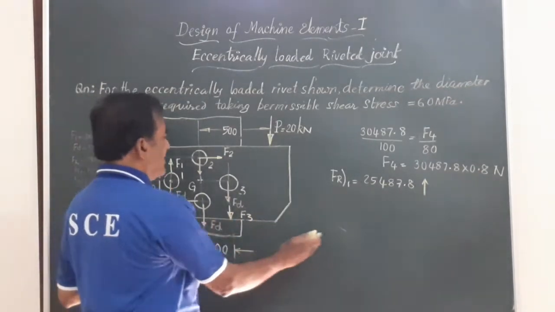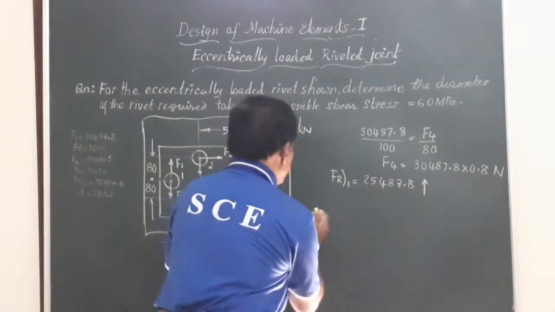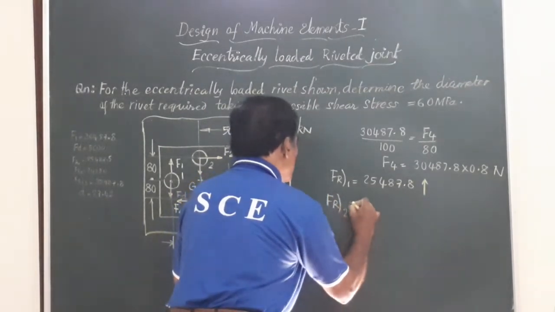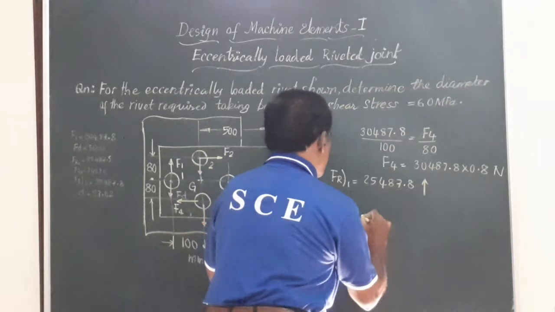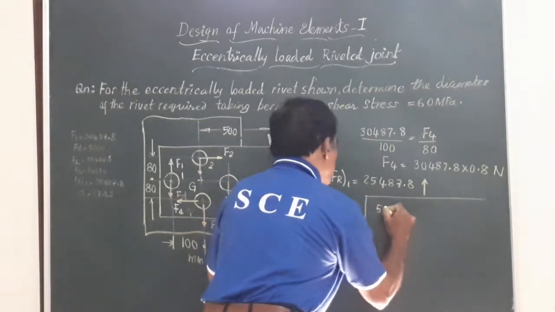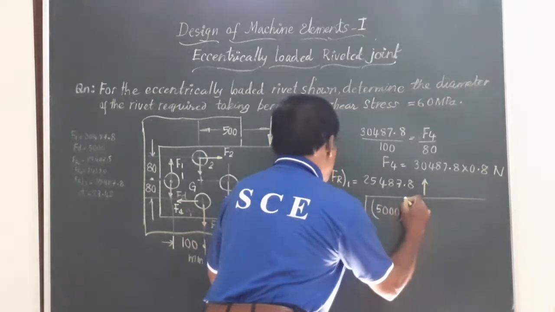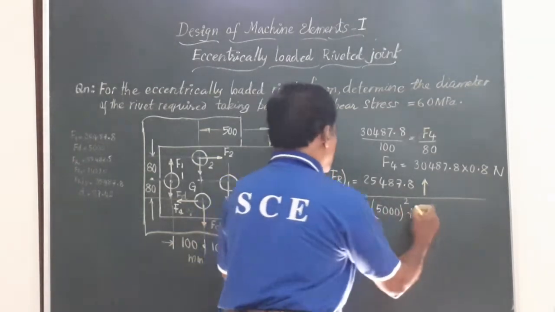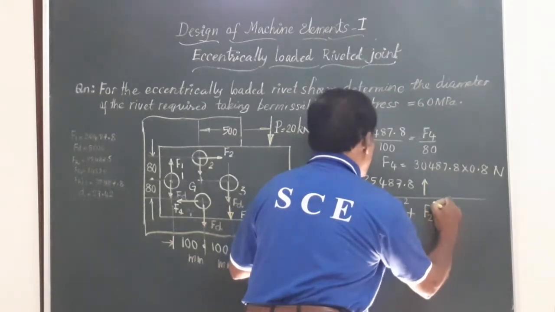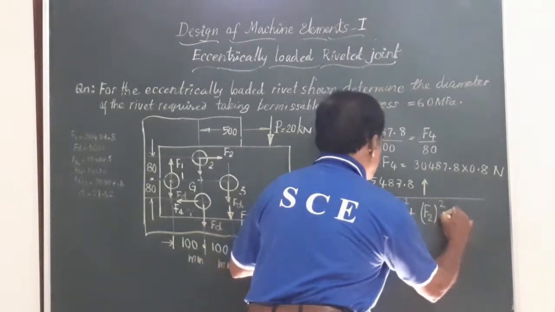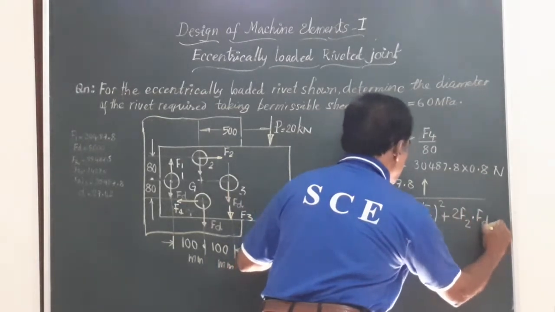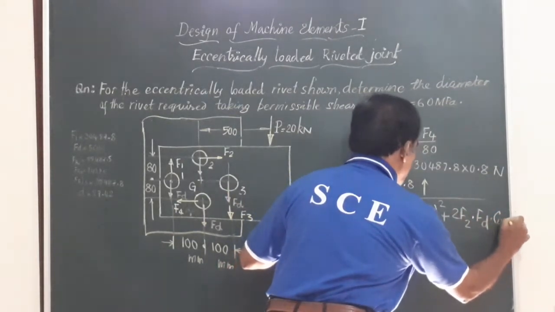You can have it here as FR2, the resultant load at rivet number 2, equal to square root of the direct load 5000 squared plus F2 squared plus 2 times F2 Fd cos theta.